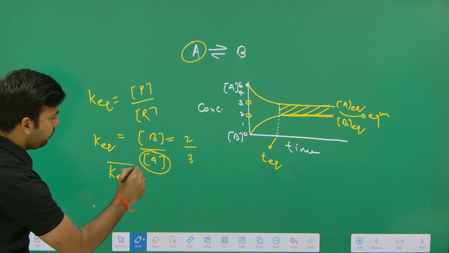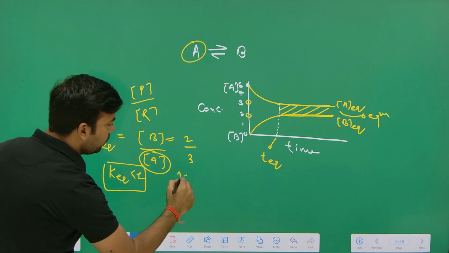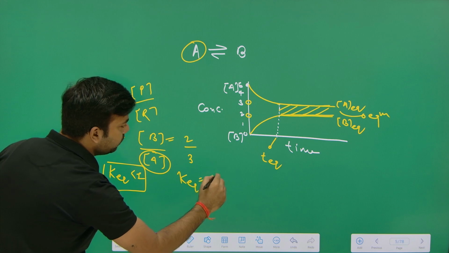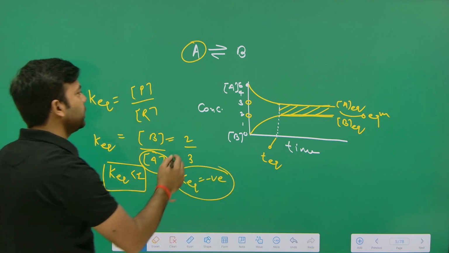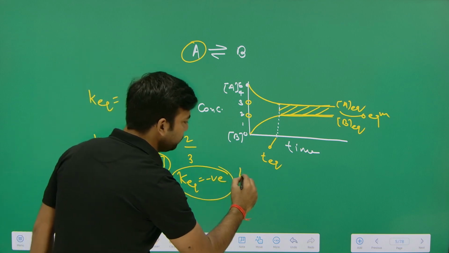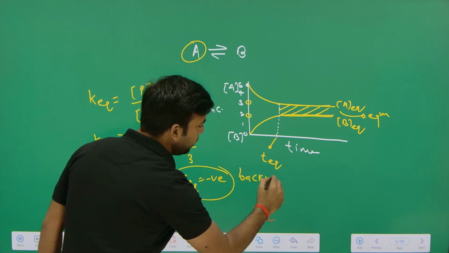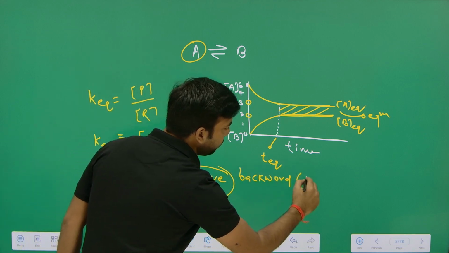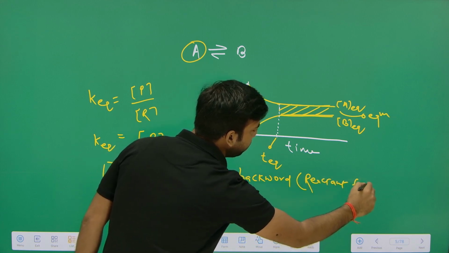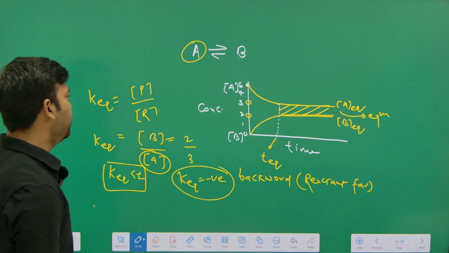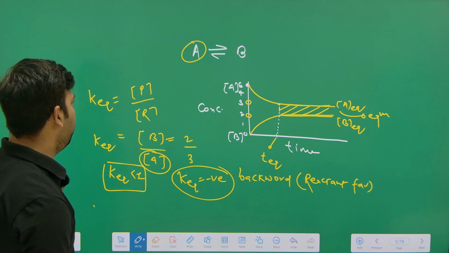So less than 1 means K equilibrium will be small, and that means it will be in the backward direction. The reaction will be in the backward towards the reactant. Reactant favorable. Okay. So this is a story of A to B equilibrium.